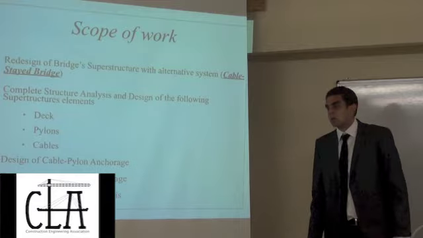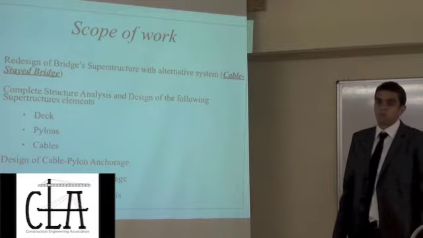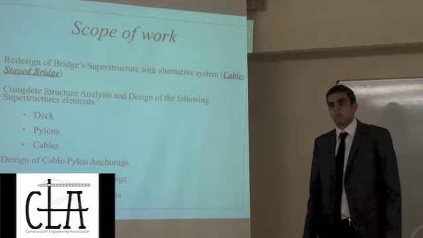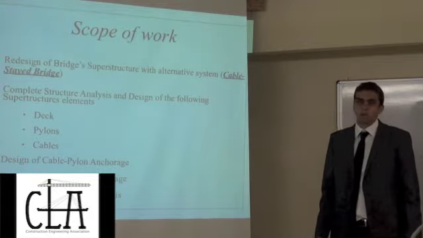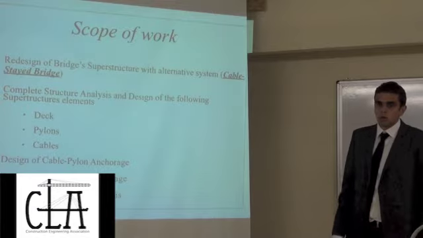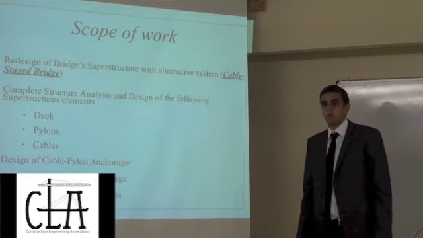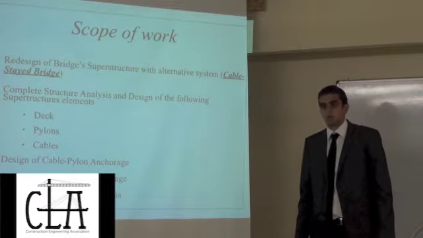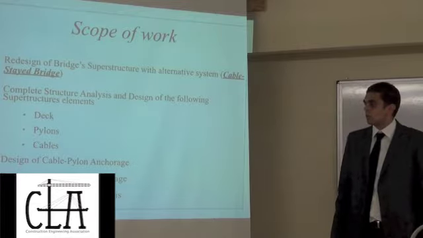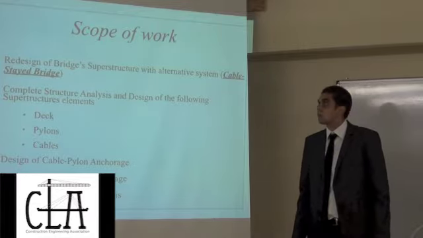However, due to the limitation of time, we will focus only on the superstructure of the bridge. We'll design the following items, which are the deck, the pylons, and the cables. What is more, we're going to design some cable connections, which are the cable-pylon anchorage and cable-deck anchorage. Finally, we're going to do the construction sequence analysis for the whole project.